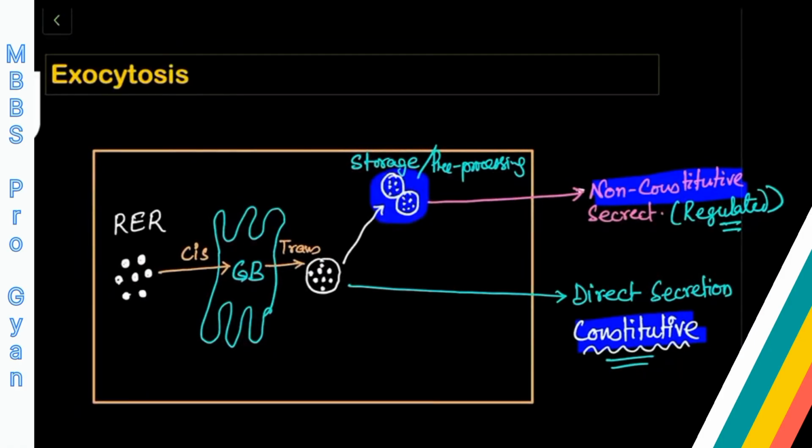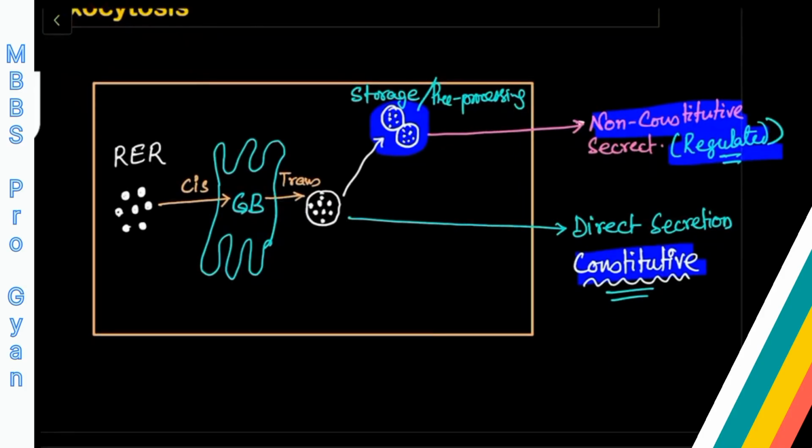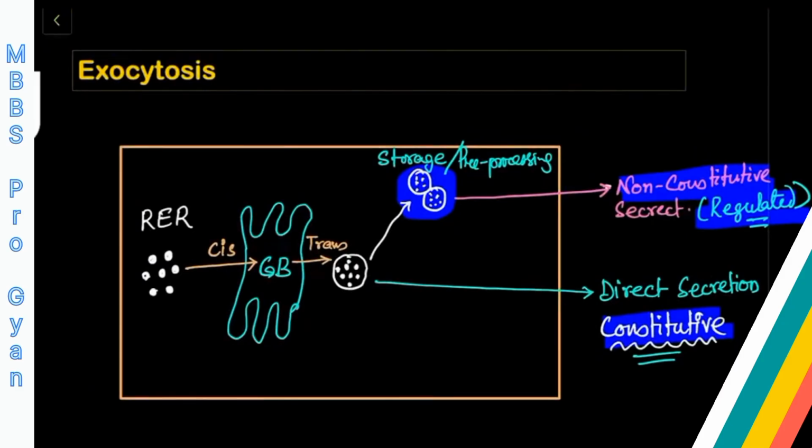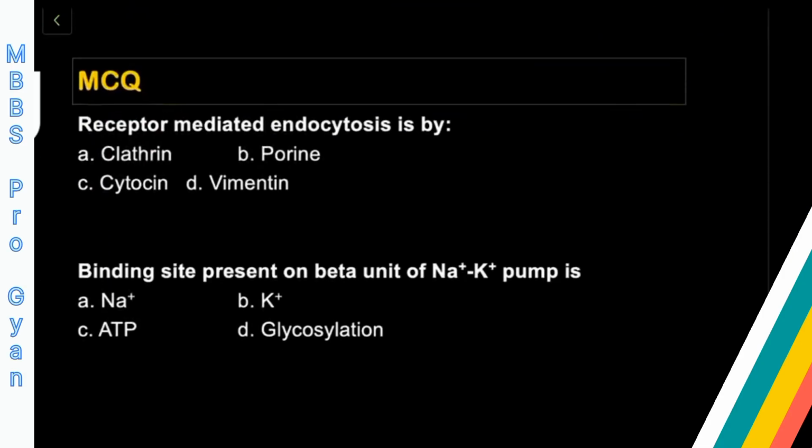But when the vesicles are stored in a certain area and pre-processing is done, that is more regulated. So sometimes it is also called regulated secretion, and the constitutive one is called non-regulated secretion. But that is not absolutely true. So this is all about exocytosis. Exocytosis is basically of two types, constitutive and non-constitutive.